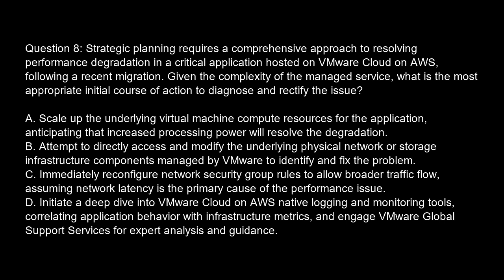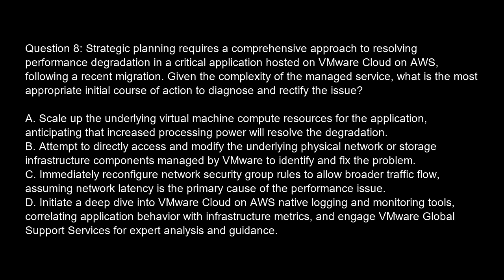Option A. Scale up the underlying virtual machine compute resources for the application, anticipating that increased processing power will resolve the degradation. Option B. Attempt to directly access and modify the underlying physical network or storage infrastructure components managed by VMware to identify and fix the problem.